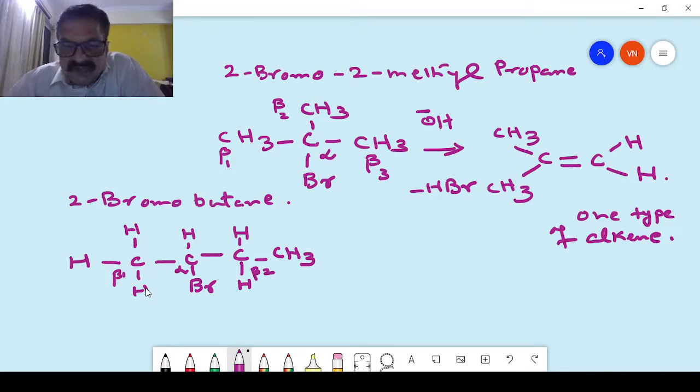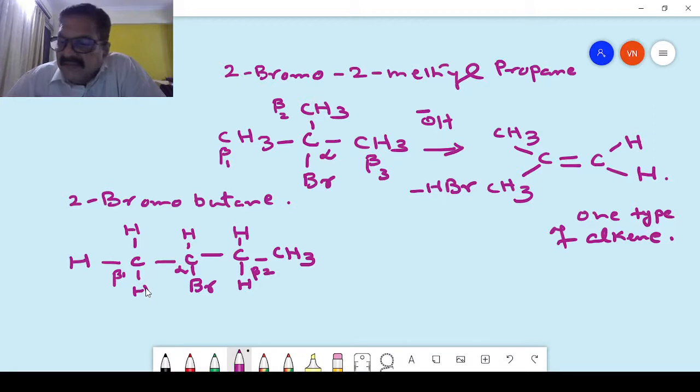There is a possibility of elimination from alpha and beta 1, giving an alkene, and from alpha and beta 2, giving another. So there will be different types of alkenes, which are constitutional isomers, structurally different. Elimination will give two constitutional isomers by the loss of HBr.